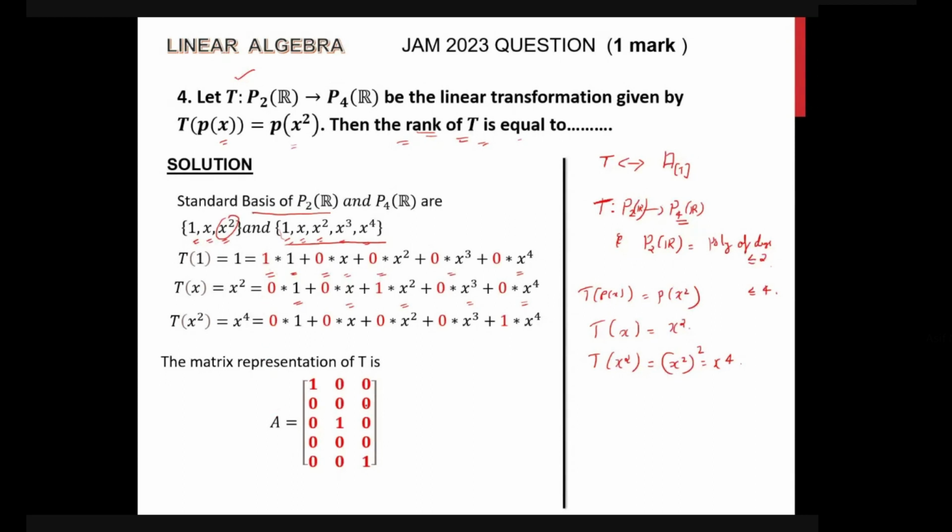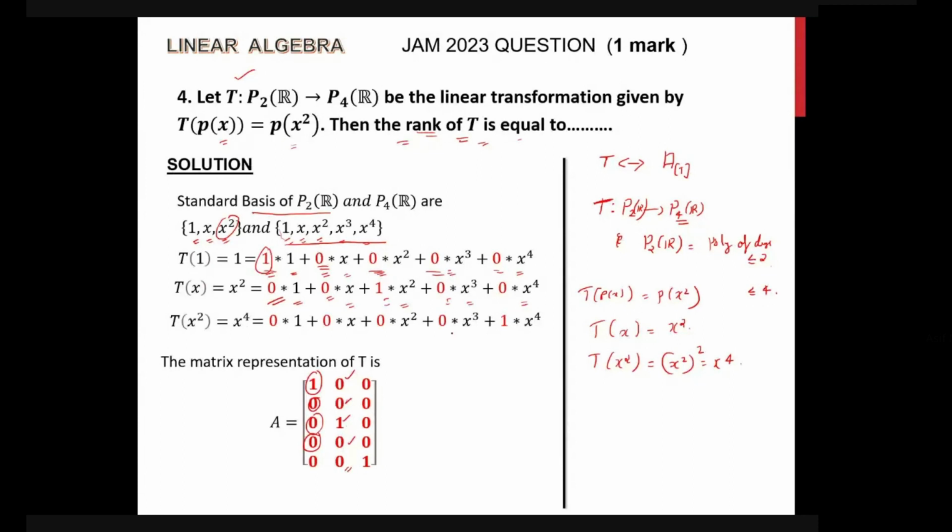Now the matrix representation: you take the columns. In matrix A, the first column is the coefficients of T of 1, that is 1, 0, 0, 0, 0. The second column is 0, 0, 1, 0, 0.